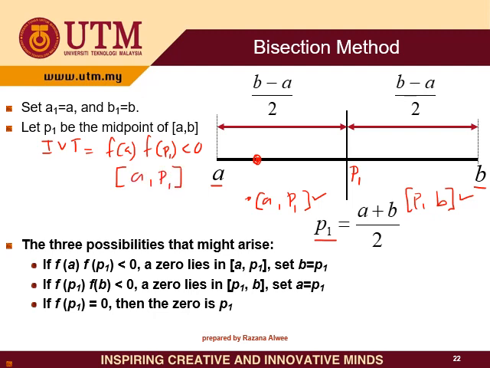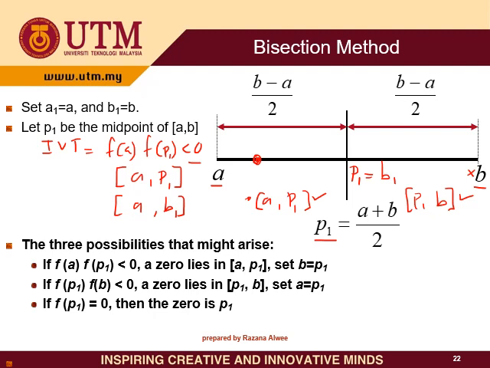The P1 will be the new B. So if you're using the IVT, you find out that FA FP1 is less than 0, so you can say that this is your new B1. We don't use this anymore. We will use this as your B1, the new B, for your next iteration.